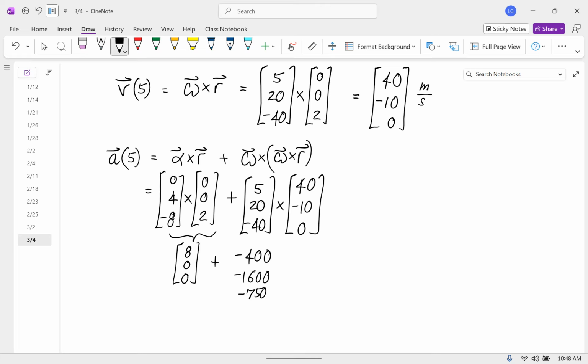No, 850. Negative 850. And so you get an acceleration of negative 392, negative 1600, negative 850. And that's in meters per second squared.